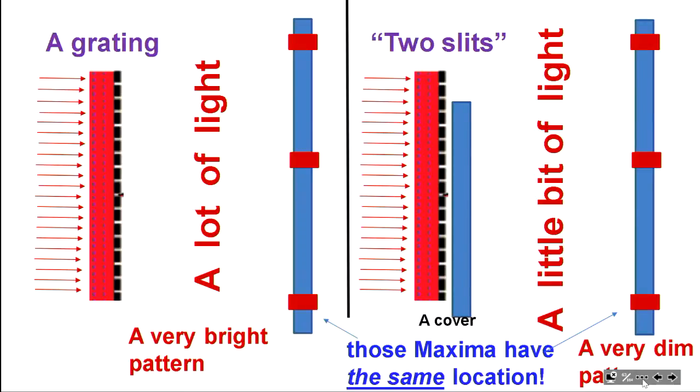So again, we observe a central maximum, then the first maximum on the left and first maximum on the right, second maximum on the left, second maximum on the right. And those locations should be described by the equation which we already know for a double slit.